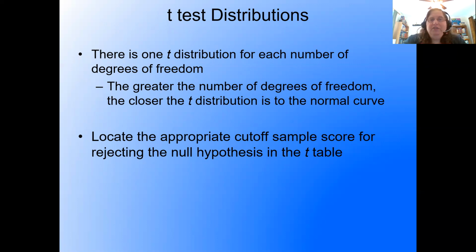Okay, so the greater the sample size, the greater the degrees of freedom, the closer the t distribution is to the normal curve. And so, as I shared before, we're going to use this t-table, and we're going to locate the appropriate cutoff sample score for rejecting the null hypothesis in the t-table.